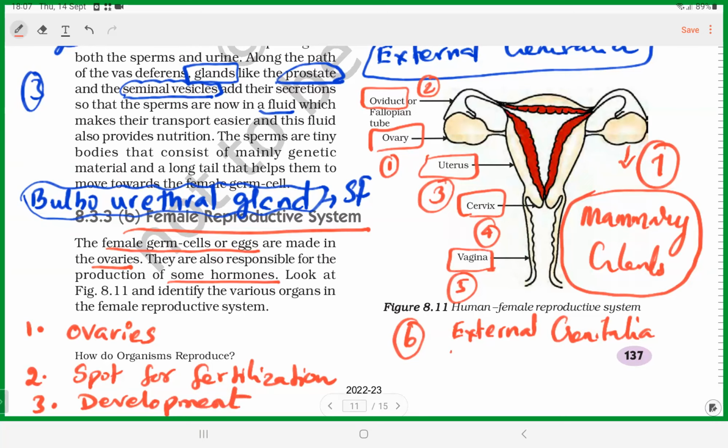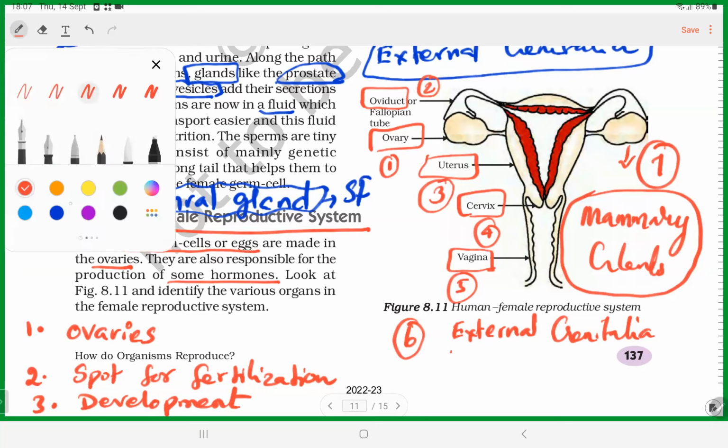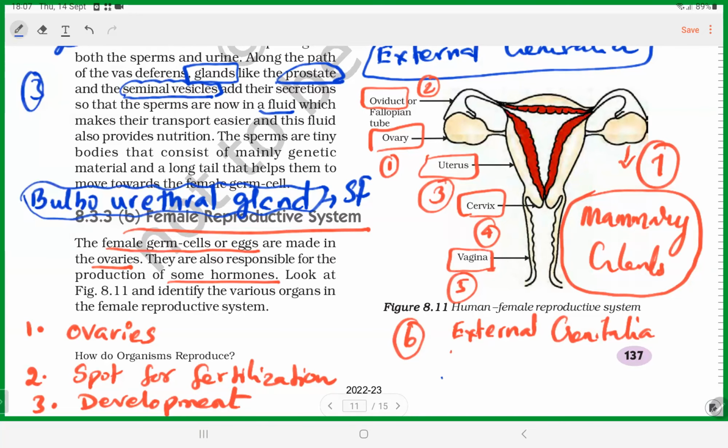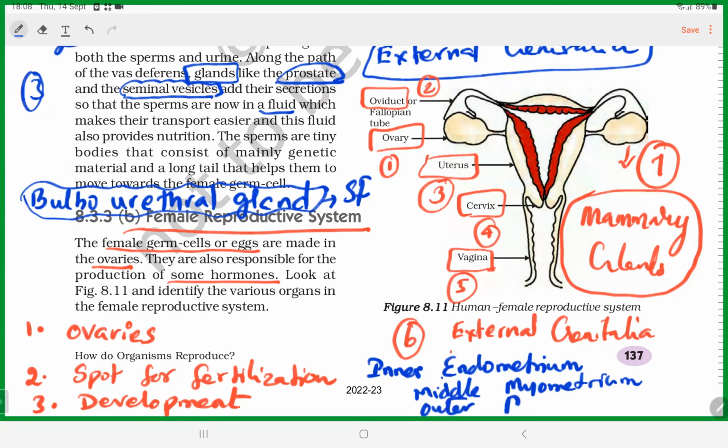Inner is the endometrium, middle is the myometrium, and outer is the perimetrium. The endometrium is for placenta formation and development of the baby. The myometrium can contract. The perimetrium is for surrounding protection.